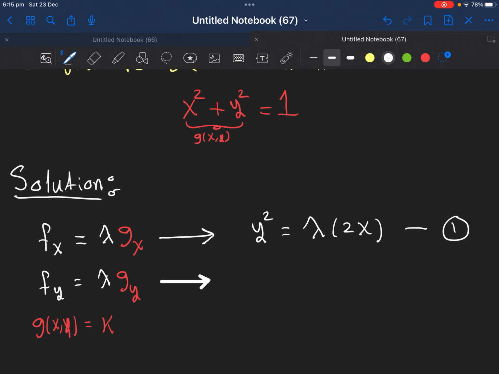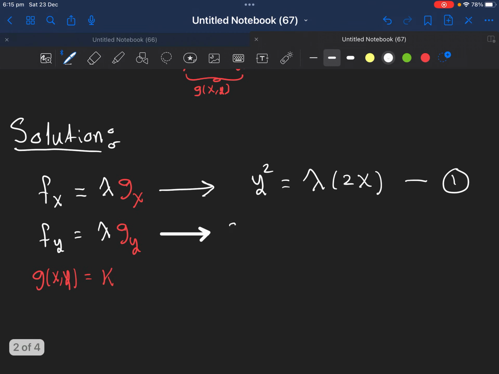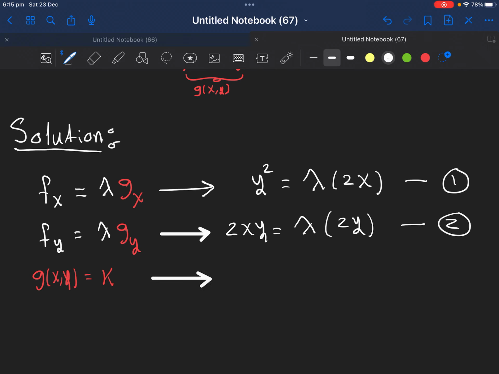Equation number 2 will be f_y, which is just 2xy equal lambda 2y. This is equation number 2. And finally, I have equation number 3, which is we write the constraint as is. So x squared plus y squared equal to 1. And this is equation number 3.